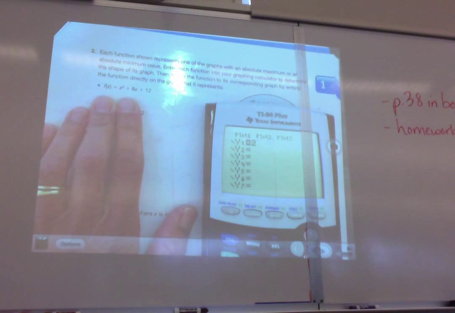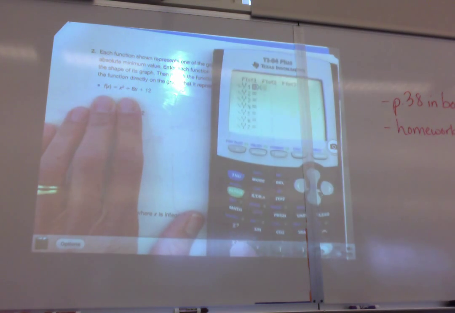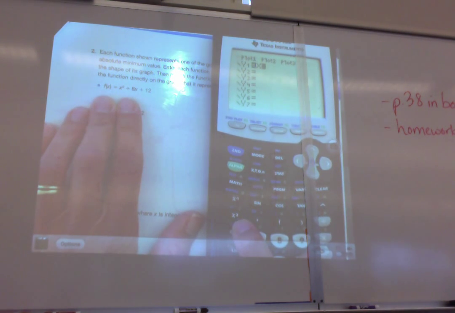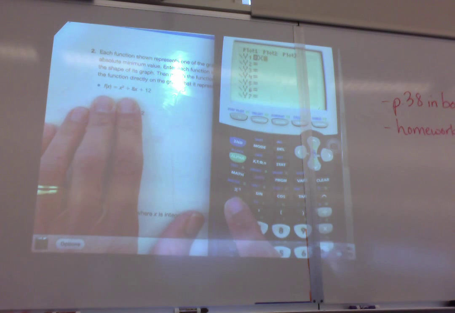Yes. Okay. So now I need to put x, and I need to square that x. There's two ways. One way is to use the caret with a 2, but another way is over here there's an x squared button. You see where my finger is? X squared button. I'm going to push that, and squared is a function we use a lot.